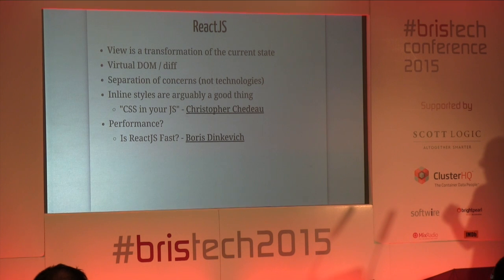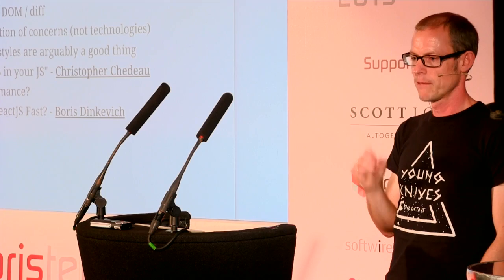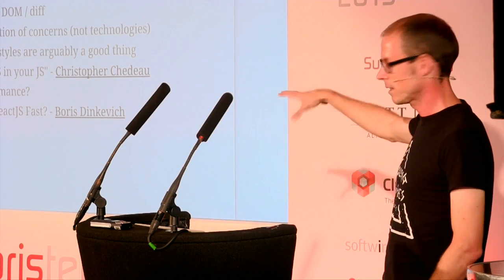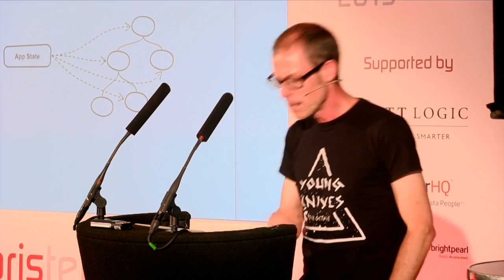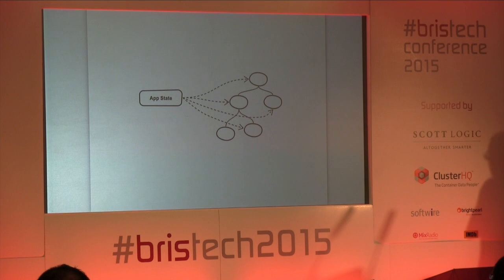So again, getting to the fundamentals, the thing I like about React is the elegance and the approach, having your view as a transformation of a current application state. All this other stuff, to my mind, is good, but secondary to that. If we look at how other MVC frameworks work, this could be Knockout, it could be any of them. On your right-hand side, you've got the DOM, and on your left-hand side, you've got your application state, in whatever form that might be.